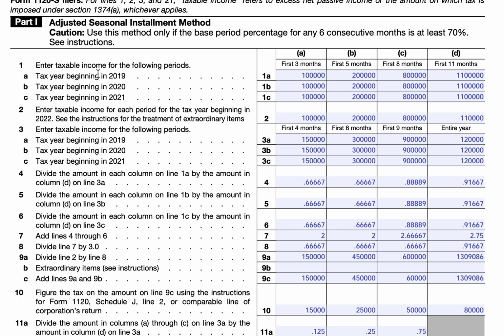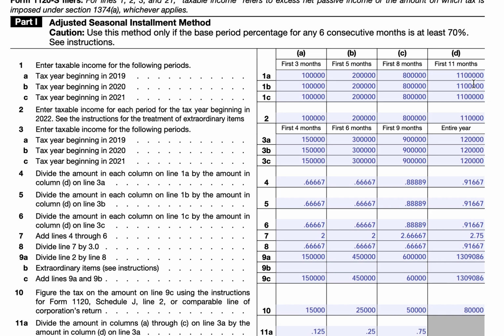In line 1A, we're focused on tax year 2019, for line 1B, 2020, and then line 1C, 2021. In column A, we're going to put in the first 3 months of income, the first 5 months in column B, the first 8 months in column C, and then the first 11 months in column D.